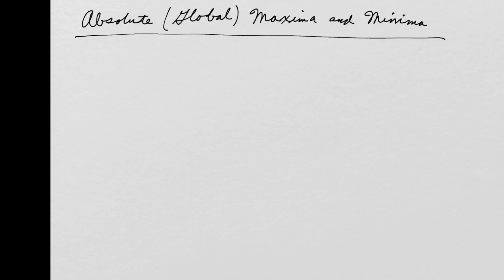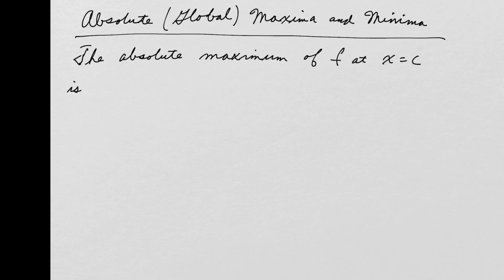So the absolute maximum of f at x equals c is f of c, where f of c is greater than or equal to f of x for all x in the domain of f.